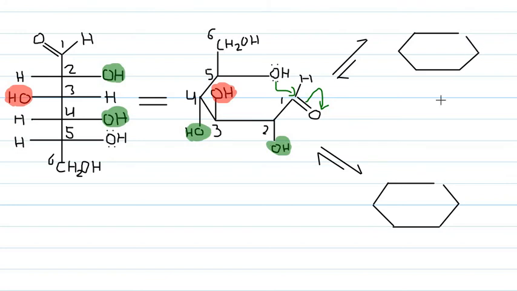Okay, so I have drawn it like this. Now there is formation of a six-membered ring because this bond is now formed. So there is oxygen at this position. First I have to place oxygen in both the structures.